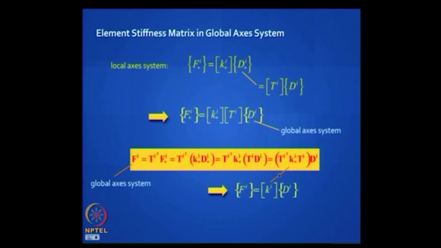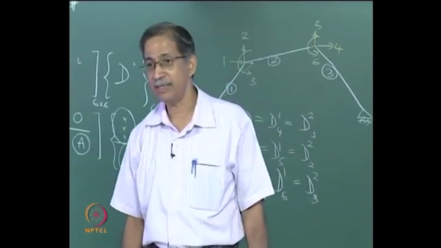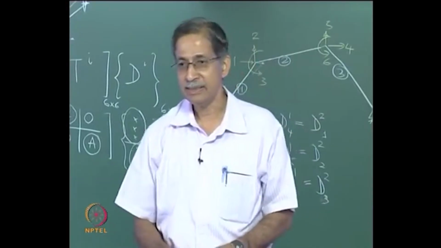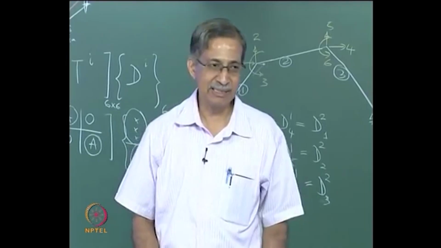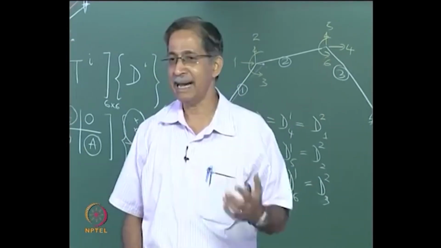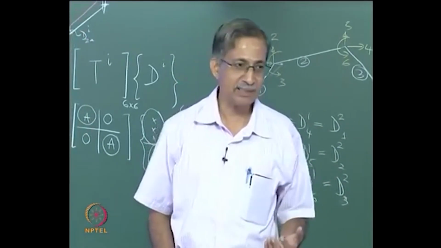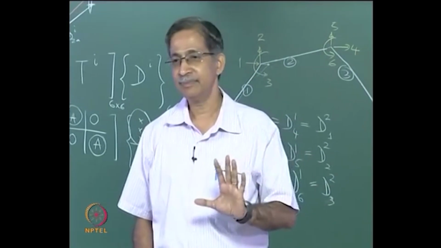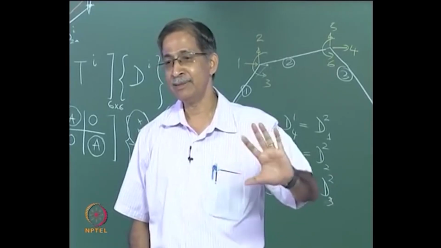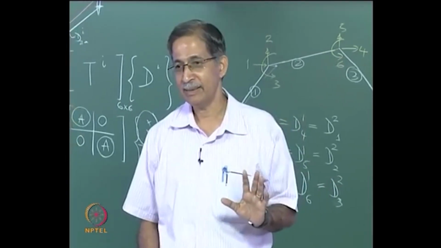This transformation tells you this is definitely symmetric. So when you pre-multiply and post-multiply with the transpose of a matrix, you will end up with another symmetric matrix. Okay, so this is something that can be done effortlessly in the computer. So you generate the Ti for all the elements, generate the Ki star for all the elements, do this exercise, you have got straight away, you have aligned all the elements in the direction of the global axis system.